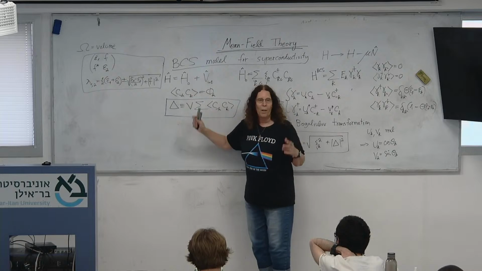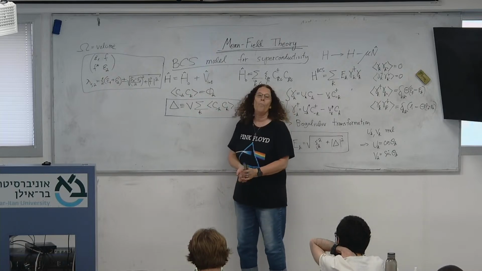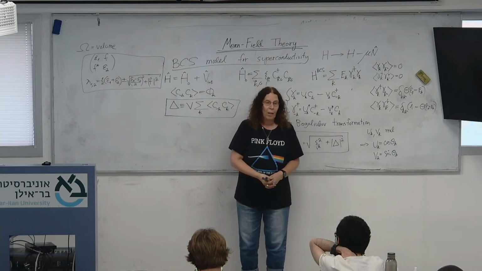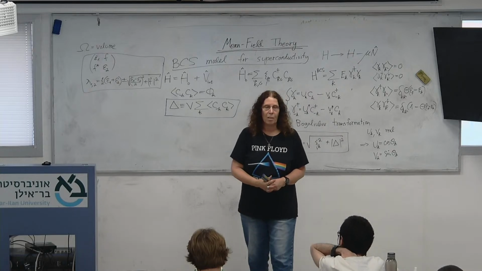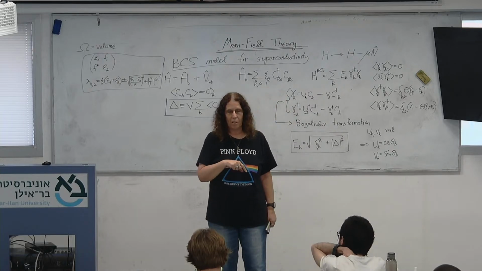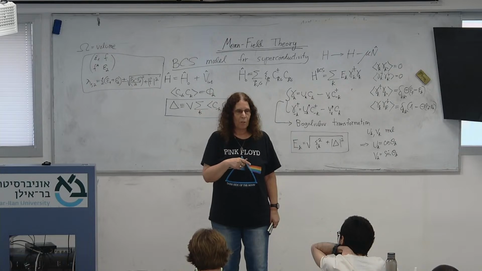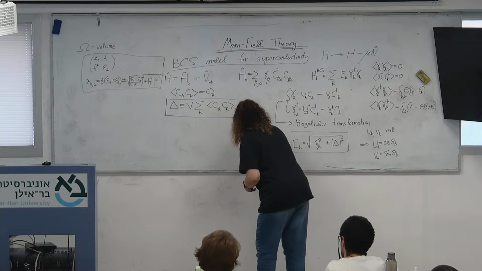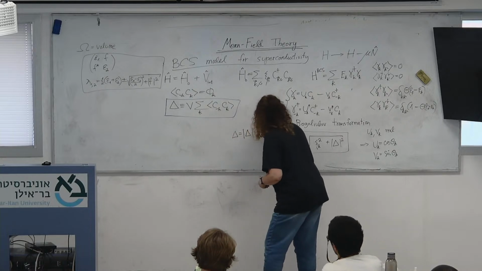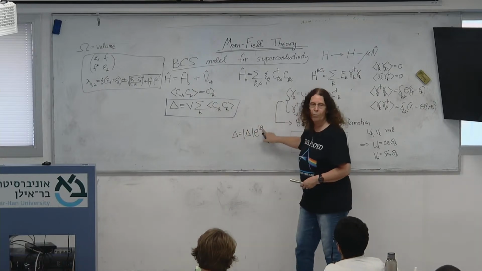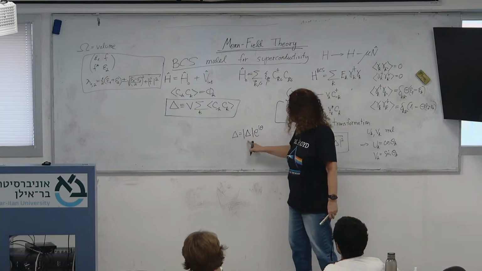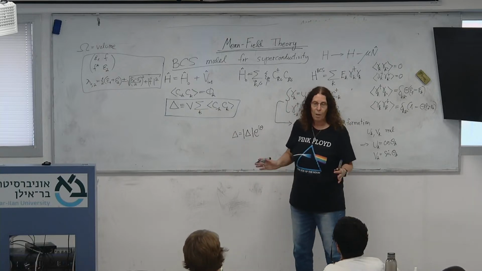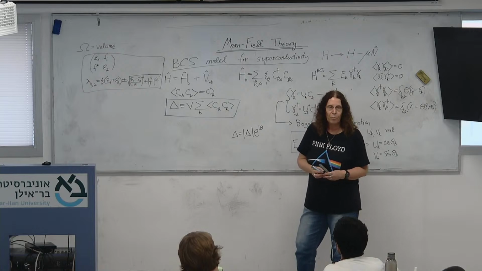And it has an order parameter that is complex, okay? Namely, there's not one ground state, there is a manifold of ground states, all the ground states with the same delta absolute value, but some phase, whatever is the phase, they're going to have the same energy, the same, everything the same, okay?